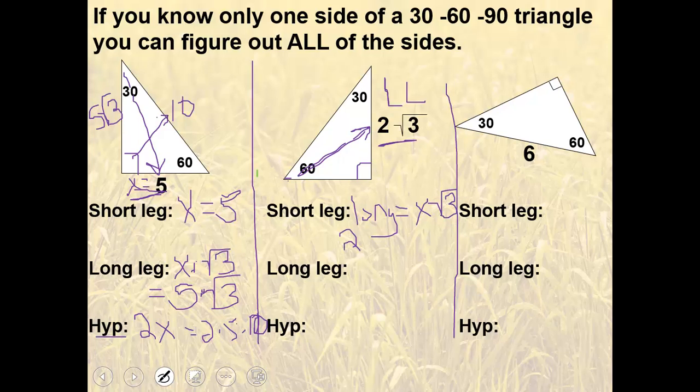It's 2 square roots of 3. Now, I can divide both sides by the square root of 3, and what does my short leg have to equal? 2. X has to equal 2. This is the only thing that's left. X has to equal 2 because those square roots of 3 cancel. All right, so I was given this one.